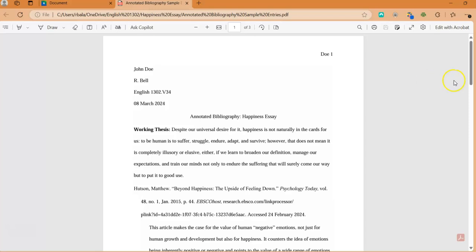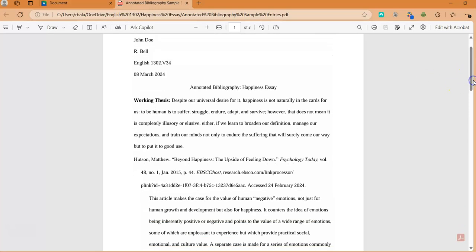So we've got the working thesis statement there, and then what we have is a bibliographic listing of all 7 sources in MLA format. And so you do have to either grab those entries from the databases, or you've got to look up how to do entries for a TED Talk if you're doing those. And they're in alphabetical order.